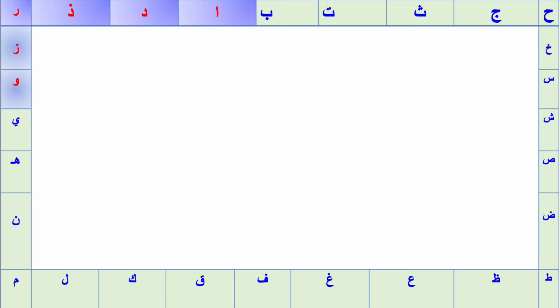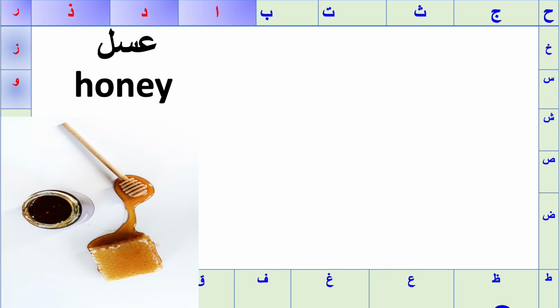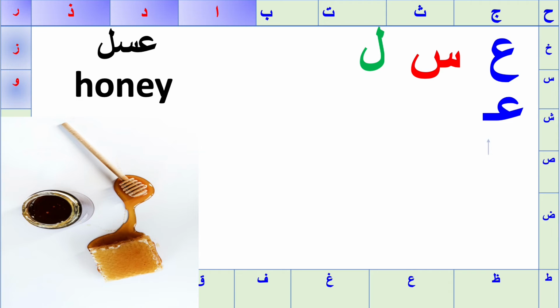Here is another form of the letter seen in the middle of the word. We have the example of the word عسل, which means honey. Component letters are ain, sin, lam. The ain will extend to the left.